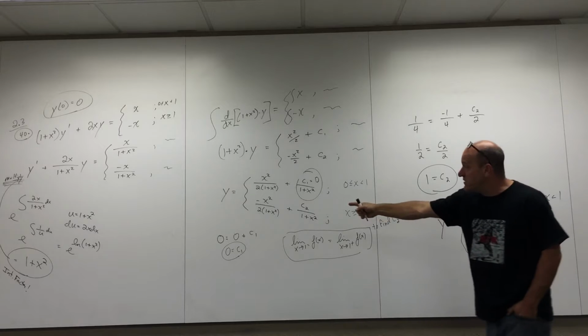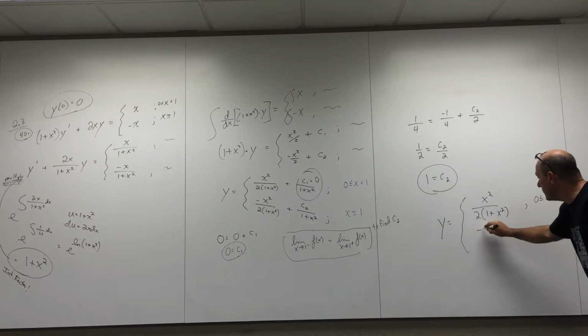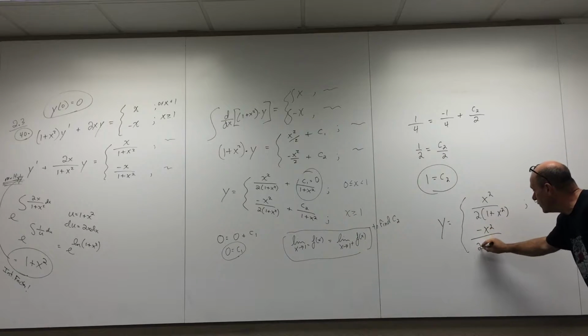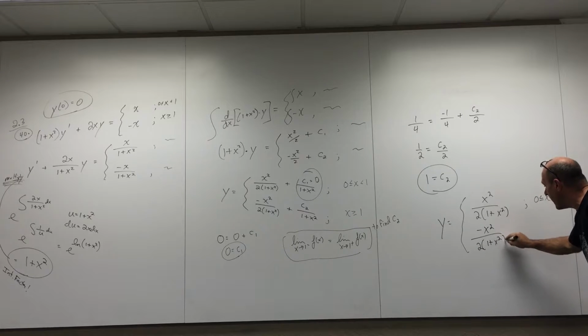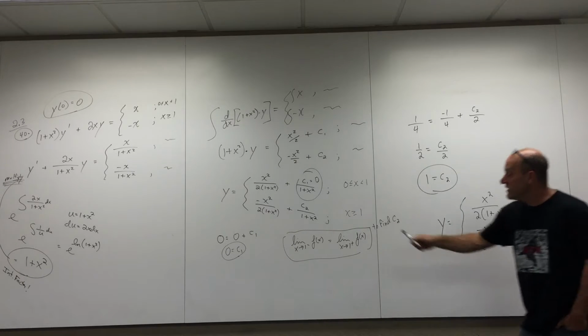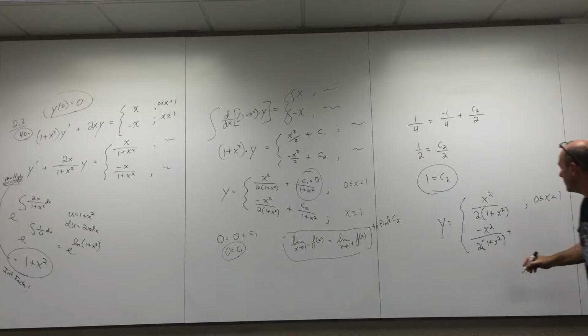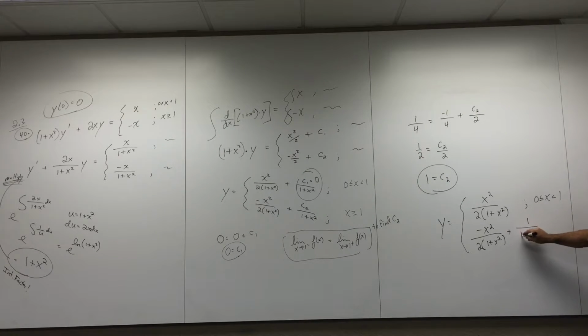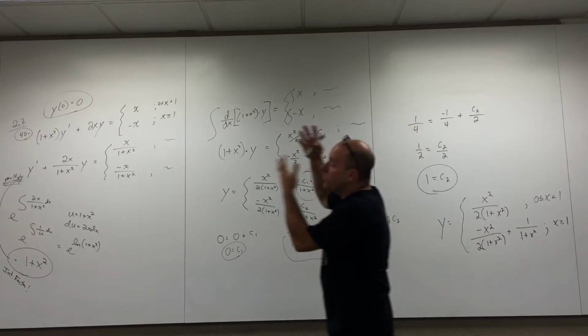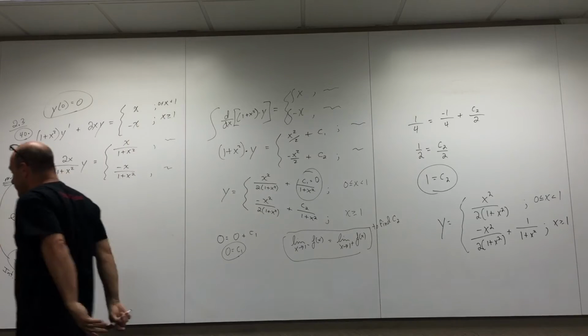And then it's this other answer here, negative x squared over 2, 1 plus x squared, plus this C2 over 1 plus x squared, which is a 1 over 1 plus x squared. And it's that answer when x is greater than or equal to 1. And we're finished. And we got a piecewise solution to this piecewise differential equation.